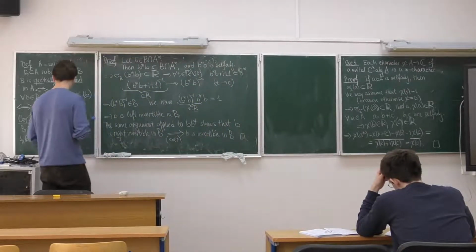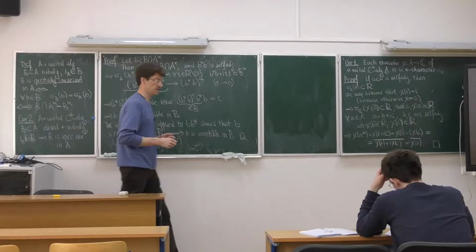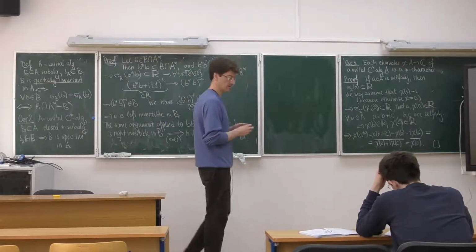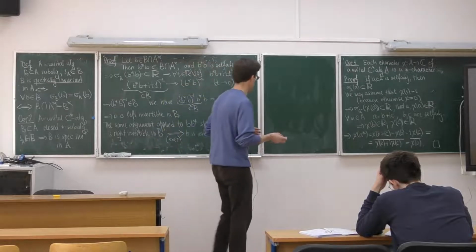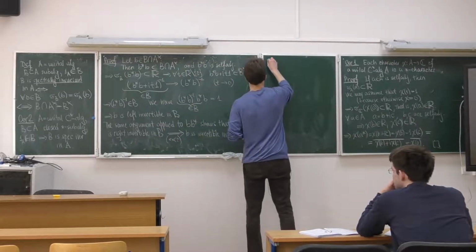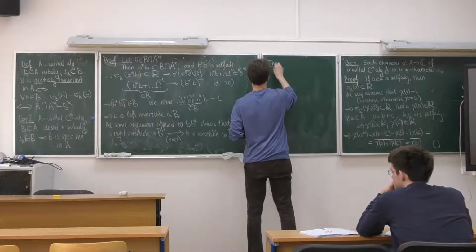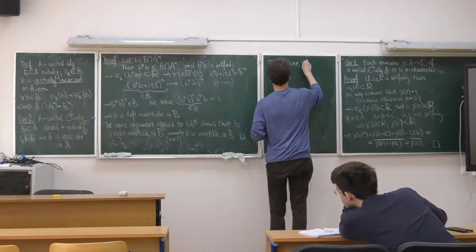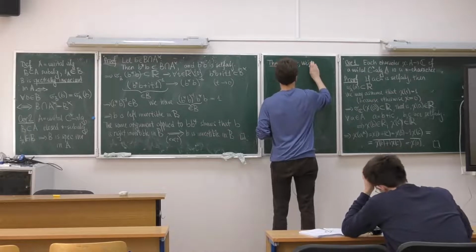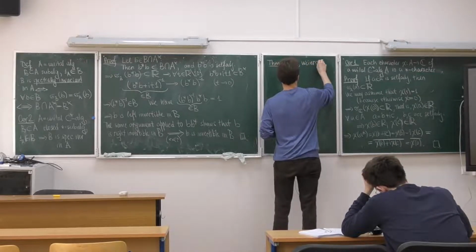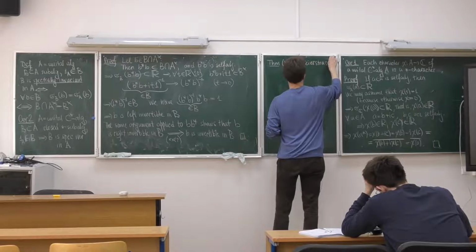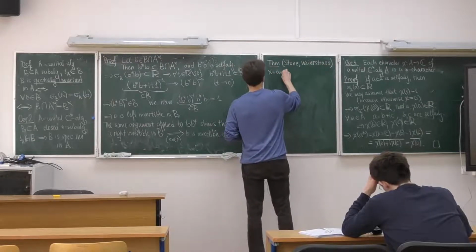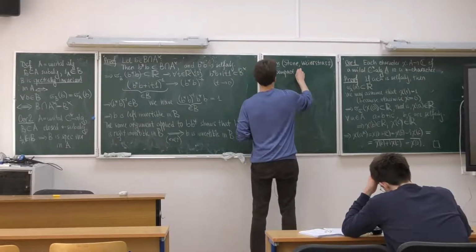Okay, we are now almost ready to prove the Gelfand-Naimark theorem. Before we do it, let's recall the following fundamental result from general topology, namely the Stone-Weierstrass theorem. Suppose that X is a compact Hausdorff topological space.